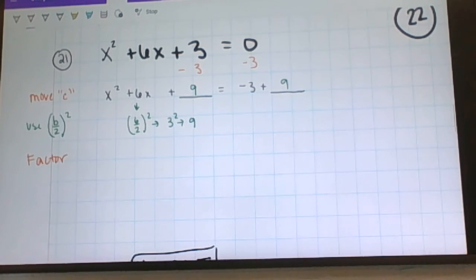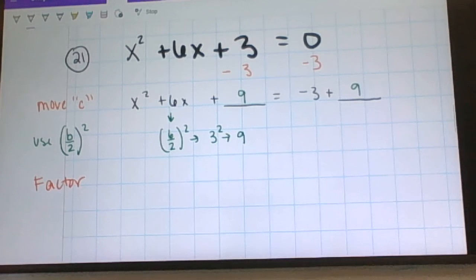So if you created the new number correctly, you will be able to factor every time. So now it's like what multiplies to 9 and adds to 6? x plus 3 times x plus 3.